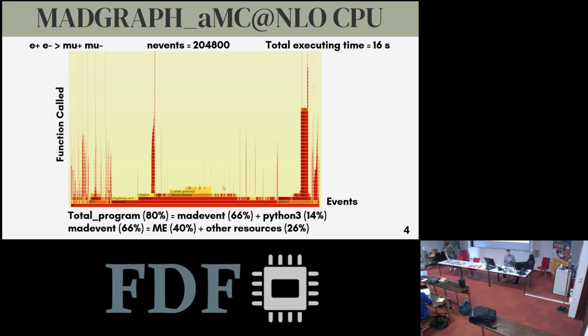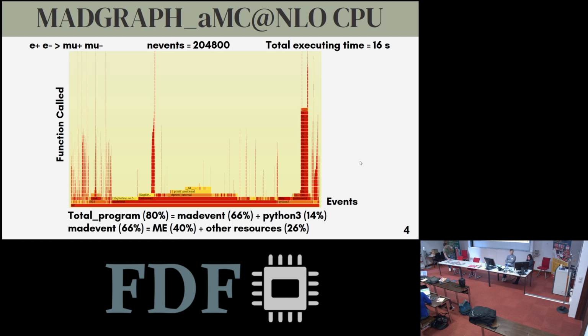In this flame graph, the total program on CPU is 80% of the CPU resources. 60% is the MADGRAPH calculation and the Python code for the program. The MadEvent part is 60%, but the matrix element is 40% of the CPU resources.